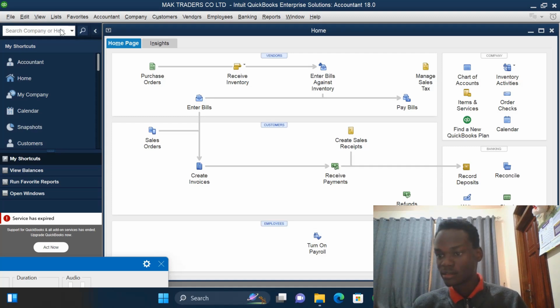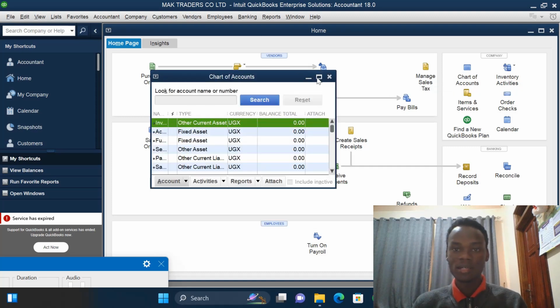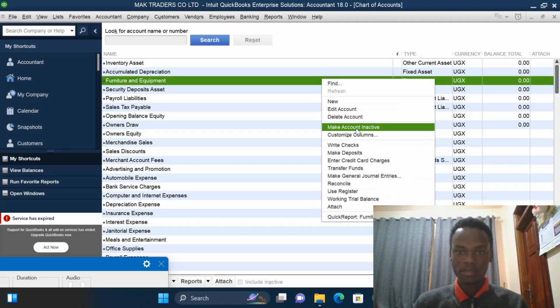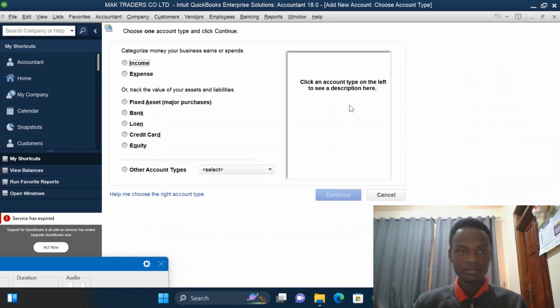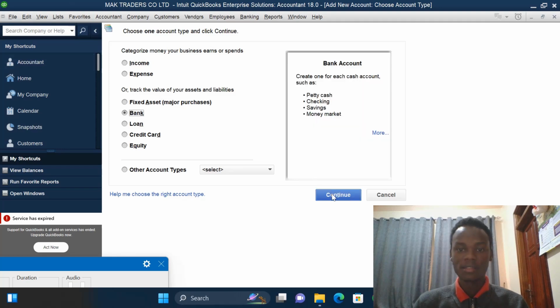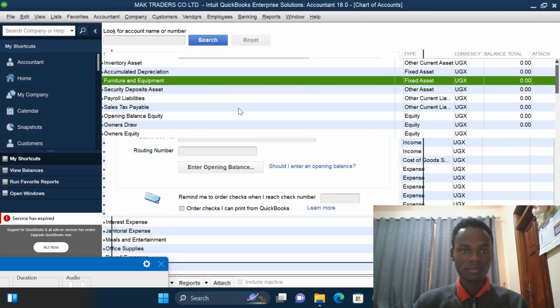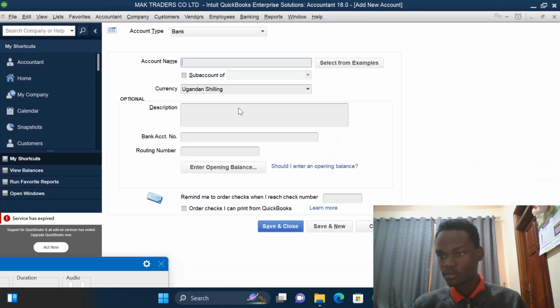It says the company operates a bank account. So we're going to create a bank account. We shall go to chart of accounts, then we say create new. So it's bank. Go to bank to create an account. The bank is Centenary.